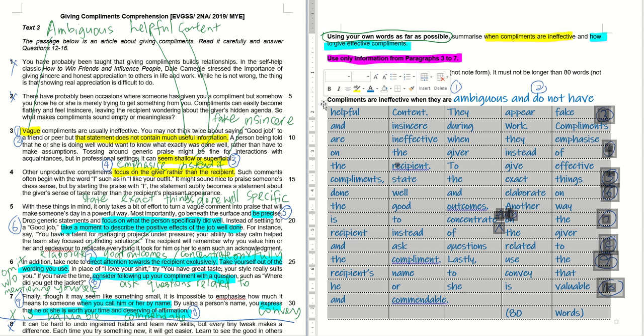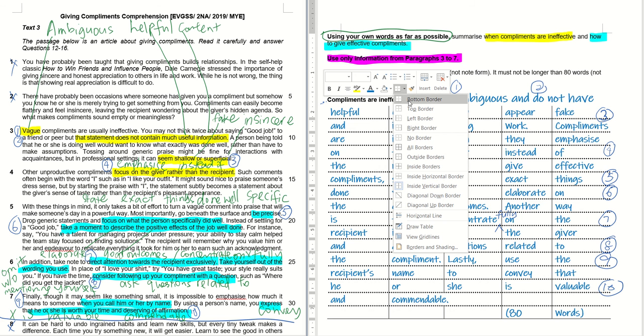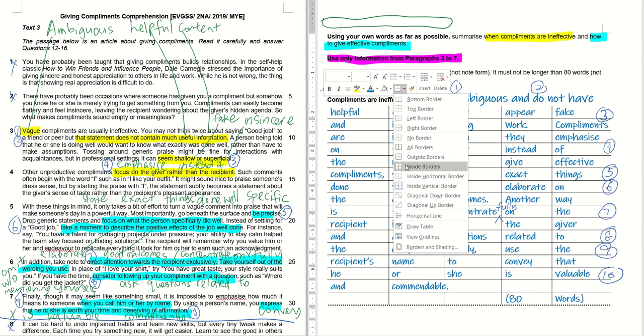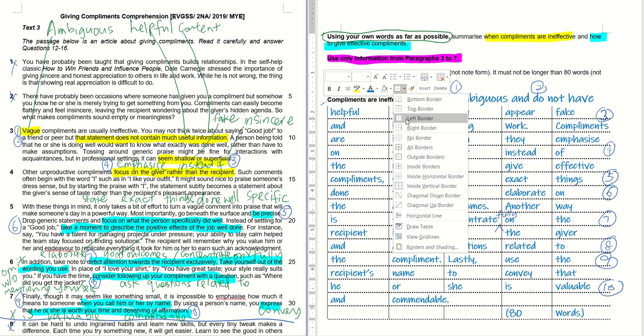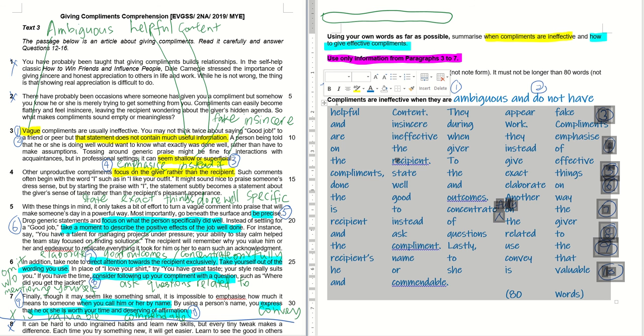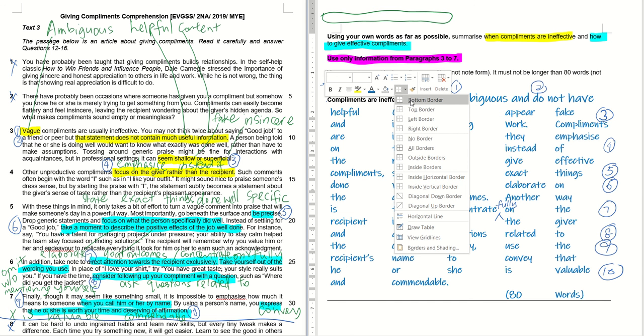Erase the lines away would be to the inside borders. No. Let's put no problems. There's bottom border. What's it?